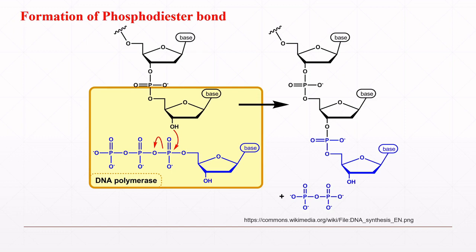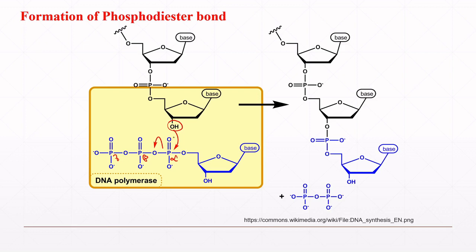So, we will look into the formation of the phosphodiester bond. The phosphodiester bond is formed between the 3' OH group of the growing DNA strand and the alpha phosphate of the incoming nucleotide. This is the alpha phosphate, this is the beta phosphate, and this is the gamma phosphate. The 3' OH group, which is present on the growing DNA strand, will act as a nucleophile and attack the alpha phosphate of the incoming nucleotide.